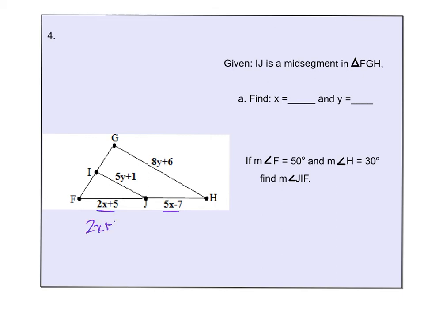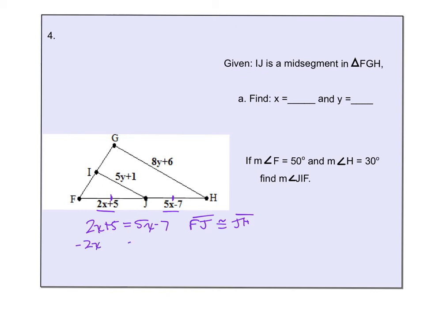So 2X plus 5 equals 5X minus 7. And I know that because IJ is a midsegment. A midsegment cuts these two in half. So I'm using the fact that FJ is congruent to JH, because of the definition of a midsegment.